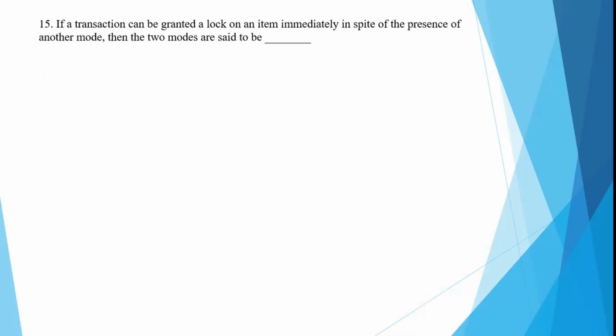And the last question, if a transaction can be granted a lock on an item immediately in spite of the presence of another mode, then the two modes are said to be dash. And the options are: concurrency; next one, equivalent; third one, compatible; and the last one, executable.